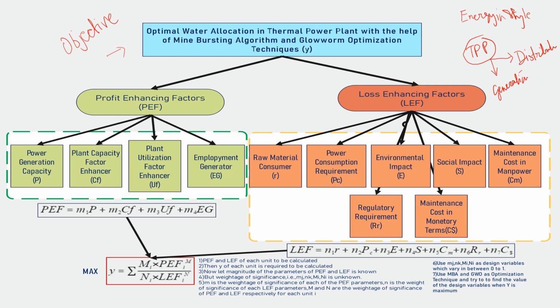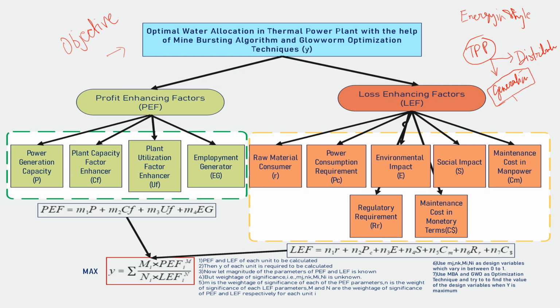So let us come back to our discussion that multiple units run a thermal power plant, and each of the units has its own importance to maintain the productivity of the power plant. Like this generation unit, this is a very important unit. It houses the steam turbines, and if steam turbines are not rotated, power will not be generated.